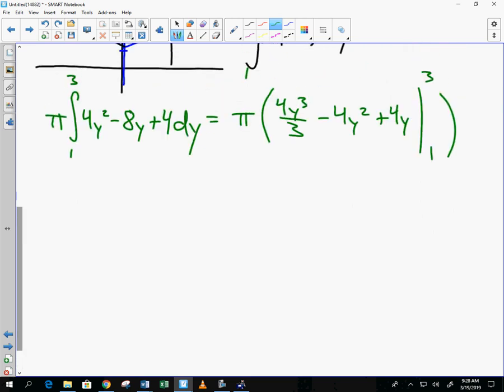We plug in 3. 3 cubed, divide by 3 times 4. Let's see. 3 squared is 9 times 4. Well, that's handy. Plus 12.